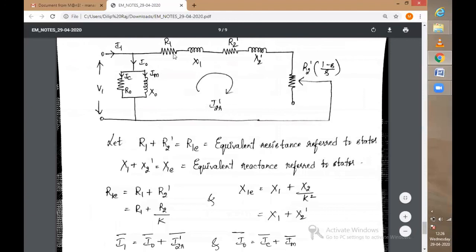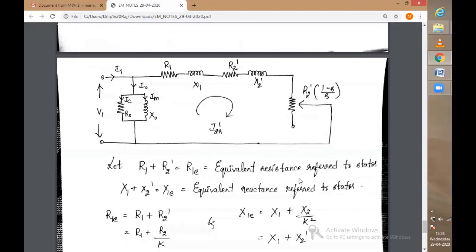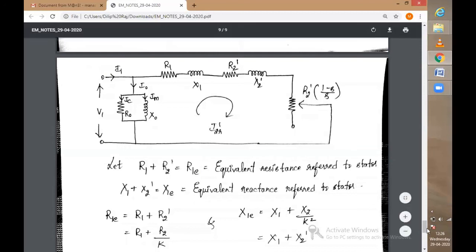So all the resistances of stator and rotor are connected in series. R1 plus R2 dash is called R1E, that is the equivalent resistance referred to stator. X1 plus X2 dash is equivalent reactance referred to stator. Both this R1E plus jX1E gives us the equivalent impedance referred to stator.